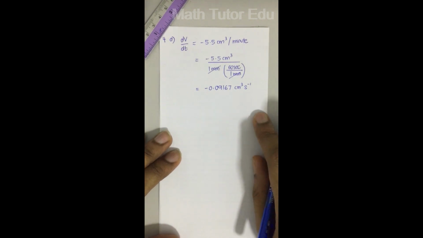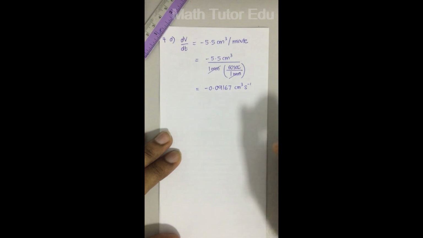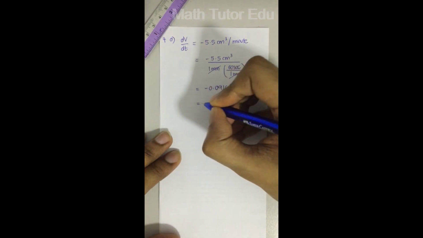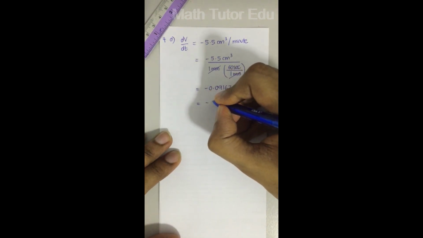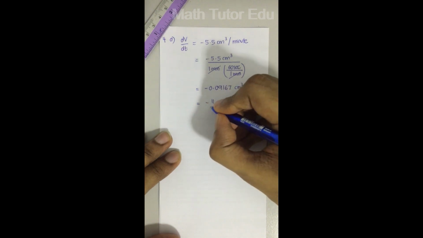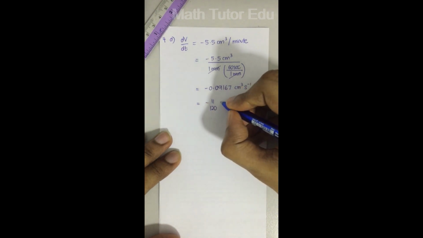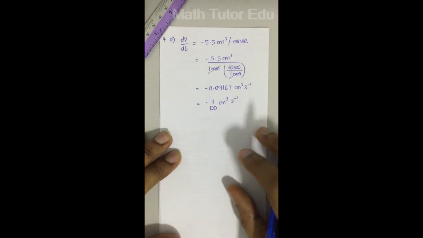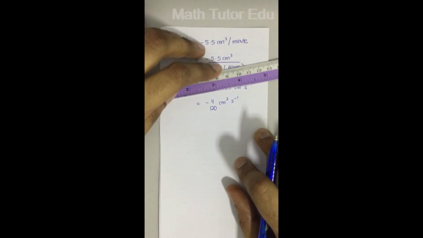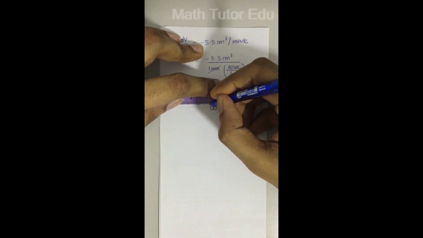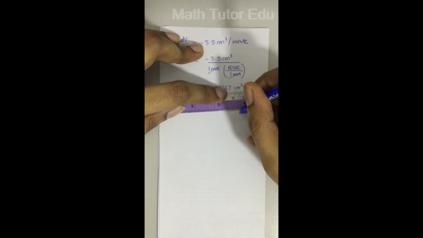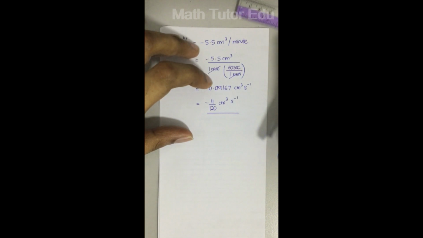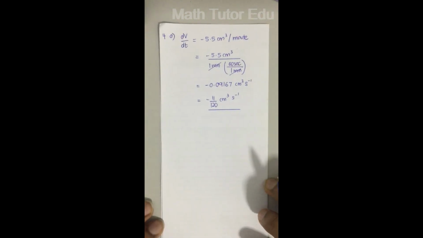You can leave your answer in this way, or if you want to leave your answer in fraction form, it will be negative 11 over 120 centimeter cube per second. So this is not the final answer, guys. This is technically the first step. I hope you're able to understand the working till now.